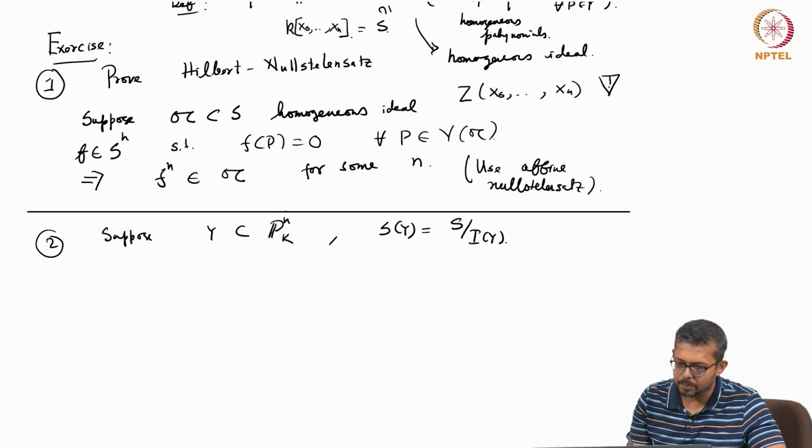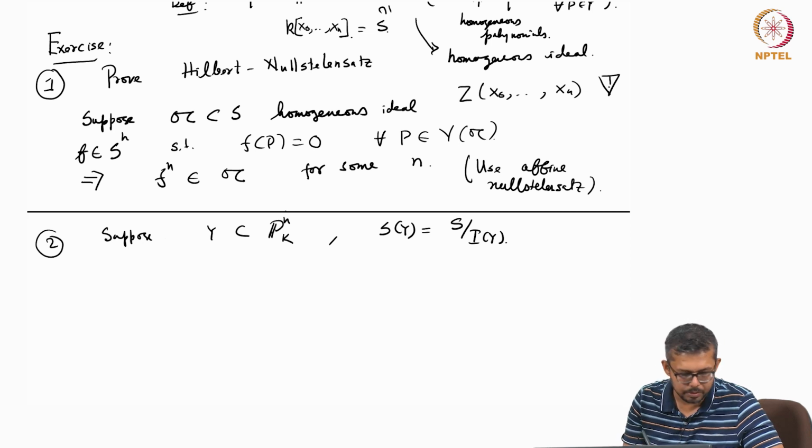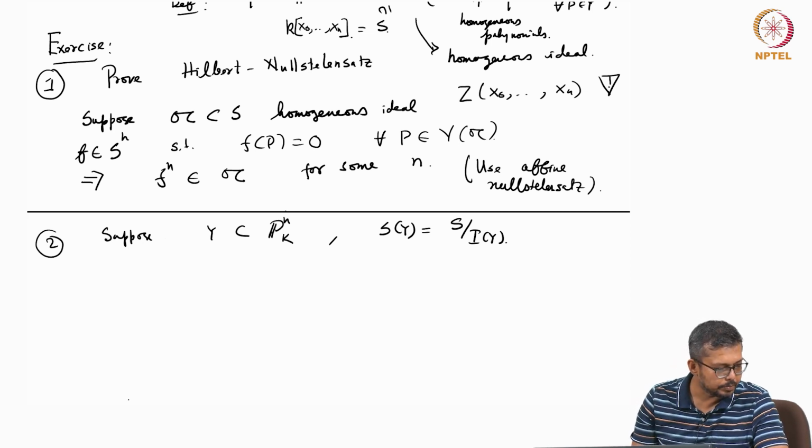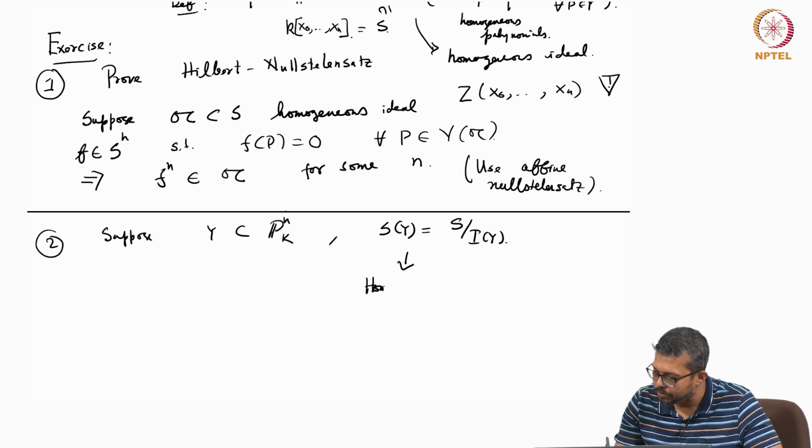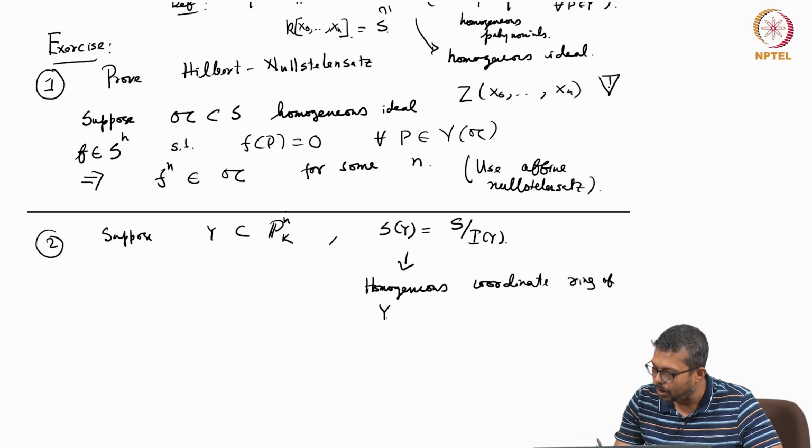Let me state the theorem. So this is called the homogeneous coordinate ring of Y.